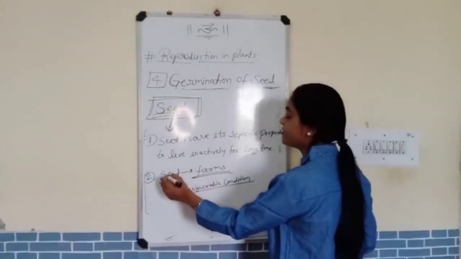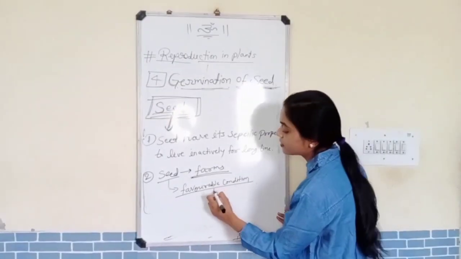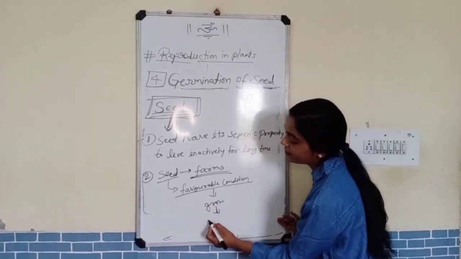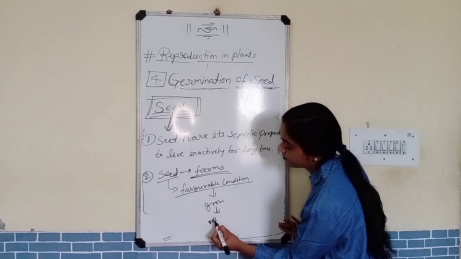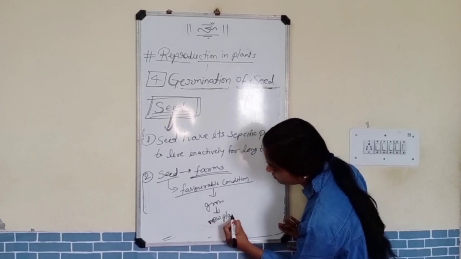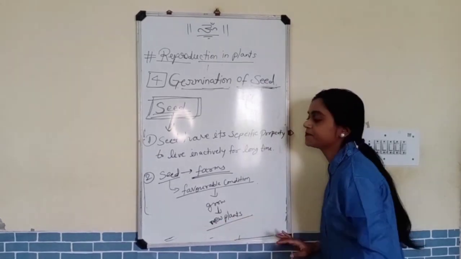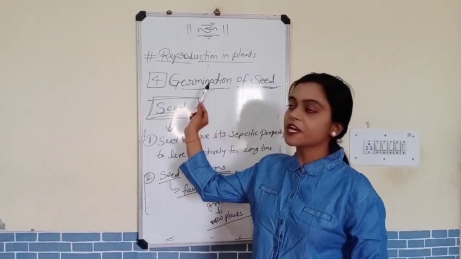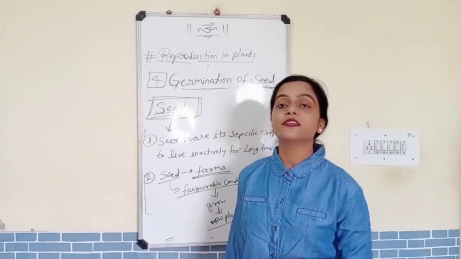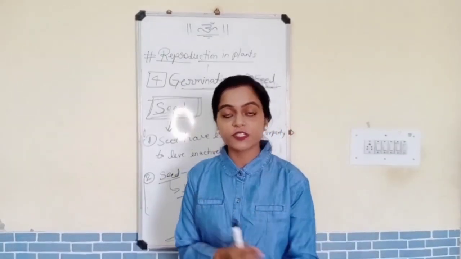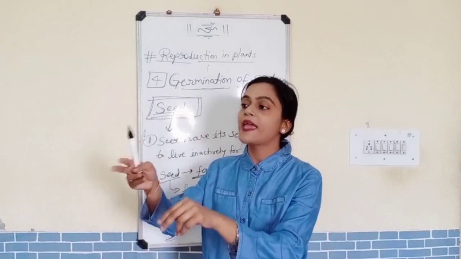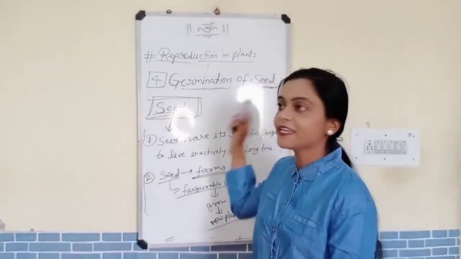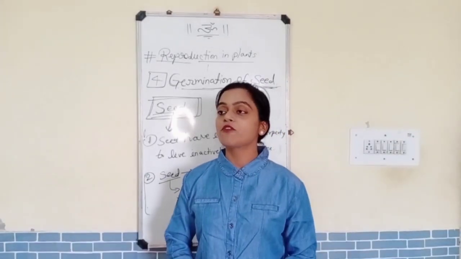When seeds have favorable conditions, they grow and become new plants. So the whole process is called the germination process. Germination is when, in favorable conditions, the seed grows and makes a new plant. It's called germination. We have completed the whole reproduction process of the plant.